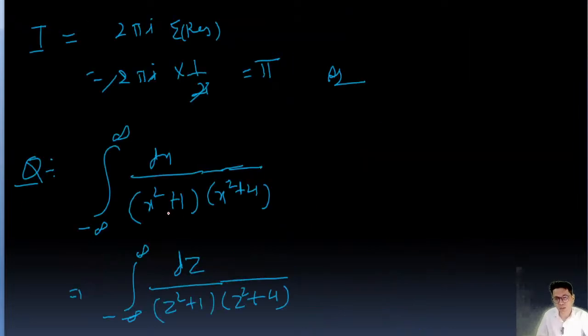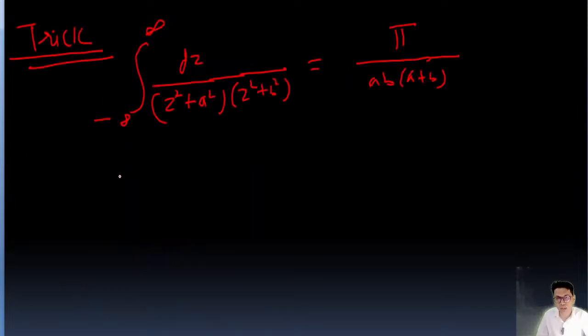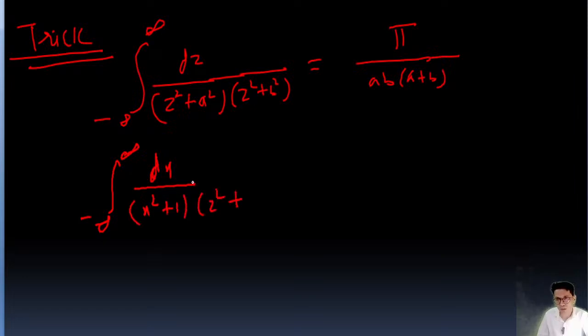So this one is x square plus 1 and x square plus 4. Minus infinity to plus infinity, dx upon (x square plus 1) and (x square plus 4). We can write x square plus 4 as 2 square, right?